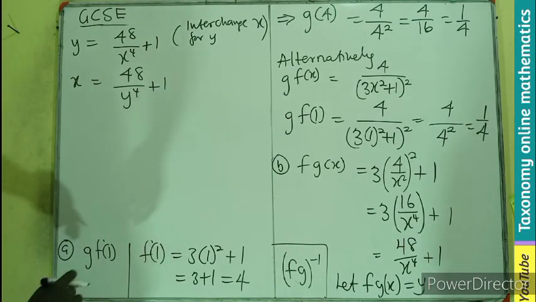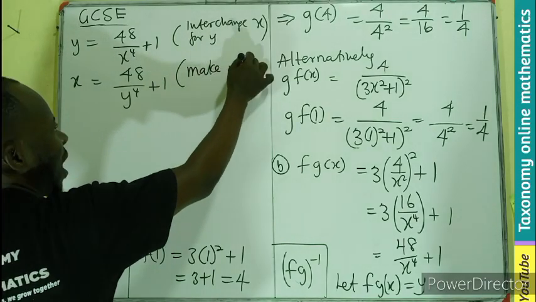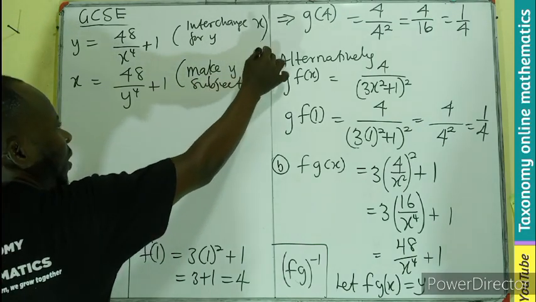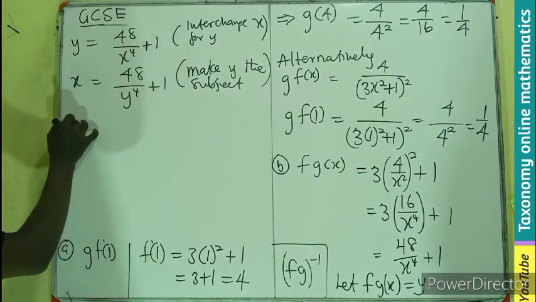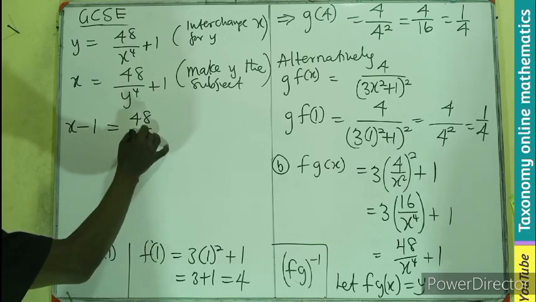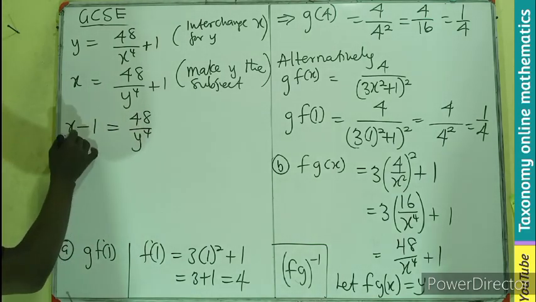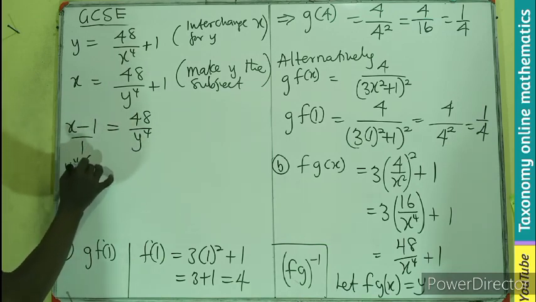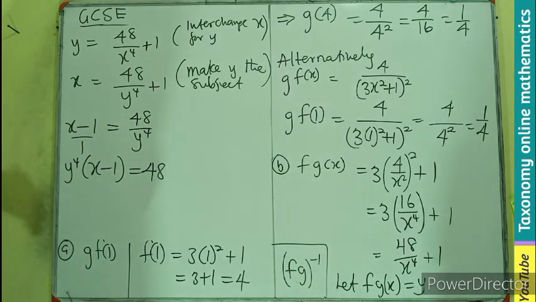What will be the next step? The next step is to make y the subject of this relation. So I'll first subtract 1 from both sides, having x minus 1 equals 48 divided by y to the power 4. This is over 1, so I can cross multiply. If you cross multiply, y to the power 4 times (x minus 1) equals 48.